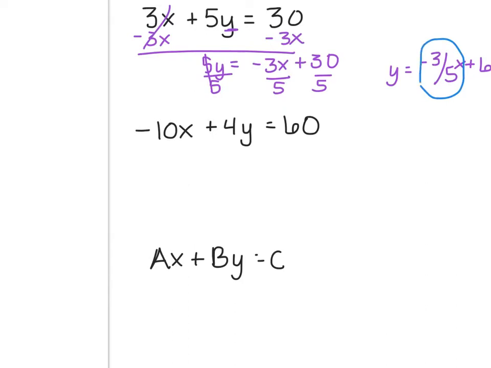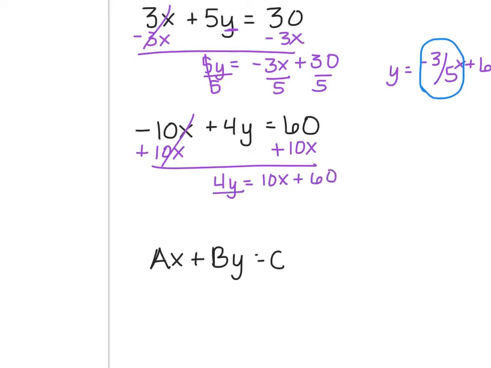Here's my slope, right? The negative 3/5. Let's do the next one. So again, I'm going to move the x term over. This time I'm going to add the 10x, because it was negative to begin with. So now I have 4y equals 10x plus 60.